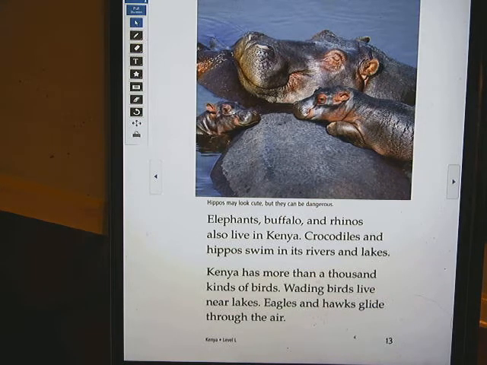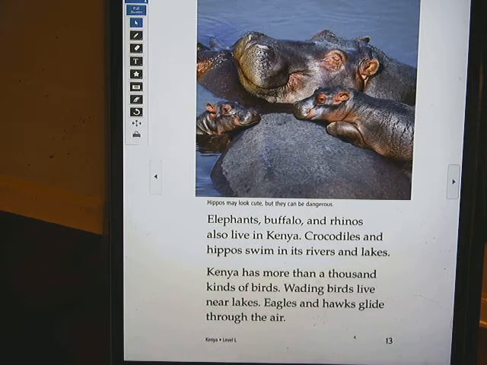Who can tell me what wading means? Not waiting, but wading with a D. Wading birds live near lakes. So if they live near lakes, what do you think it involves? Maybe it involves something with water. Wading is a verb.